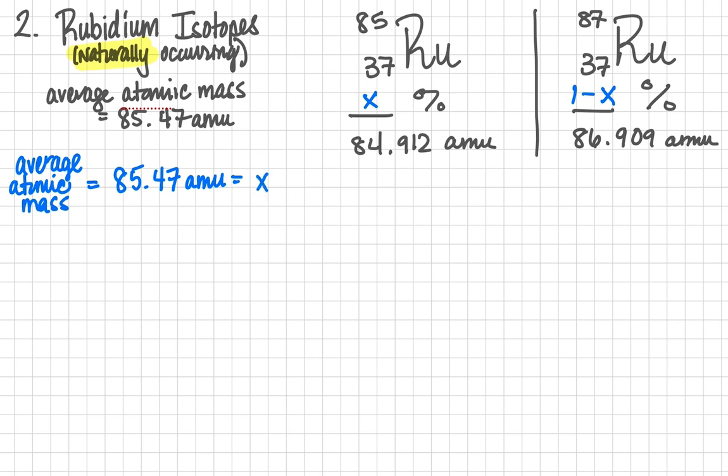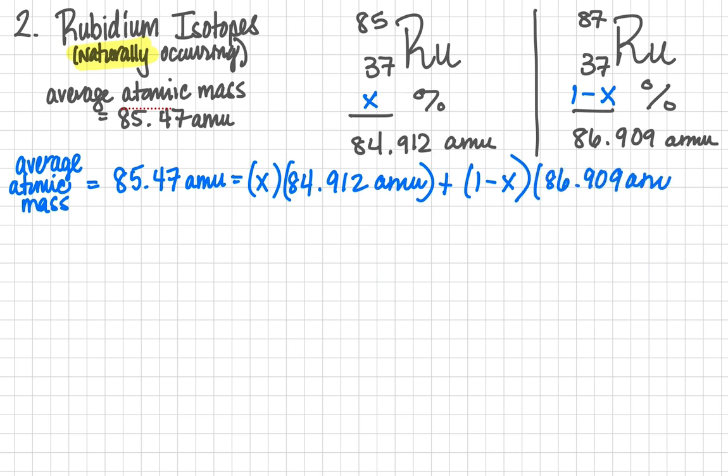Alrighty, so let's do the math. We have x times 84.912 AMU plus 1 minus x times 86.909 AMU. Bring this down. We're going to do the math. This is going to be 84.912x. I'm not going to write the AMUs right now for space purposes. And then for the other part, we're going to distribute this 1 and this x.